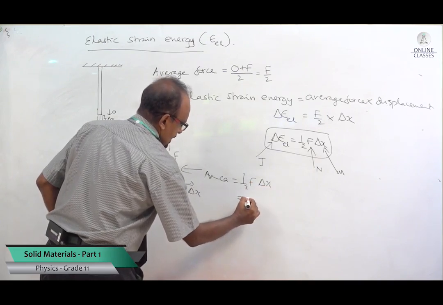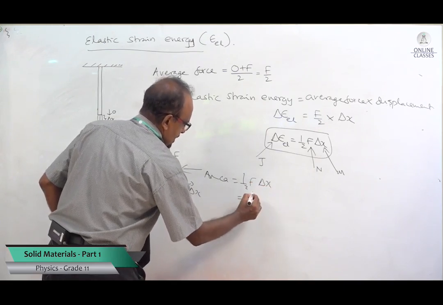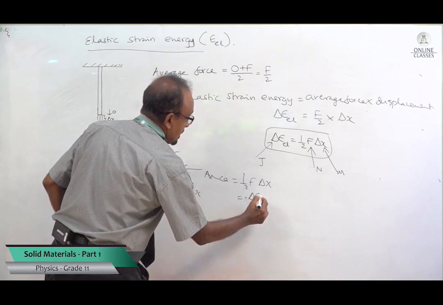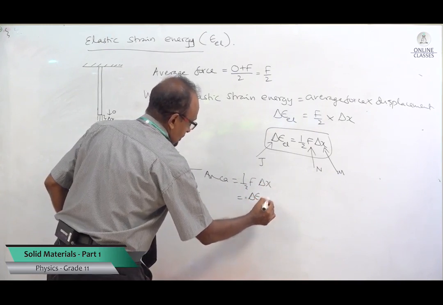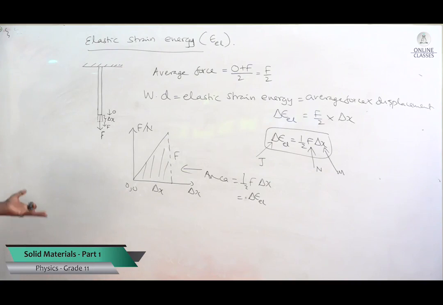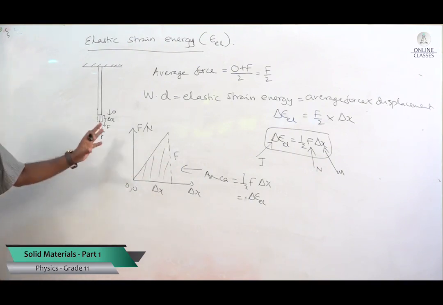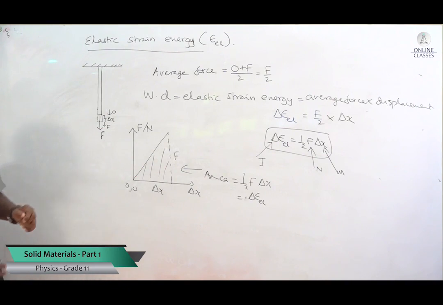In another way, this is the elastic strain energy, which you can write as delta W or delta E. So the area under the graph gives the elastic strain energy, and the gradient gives the spring constant. So you can calculate both from this graph.